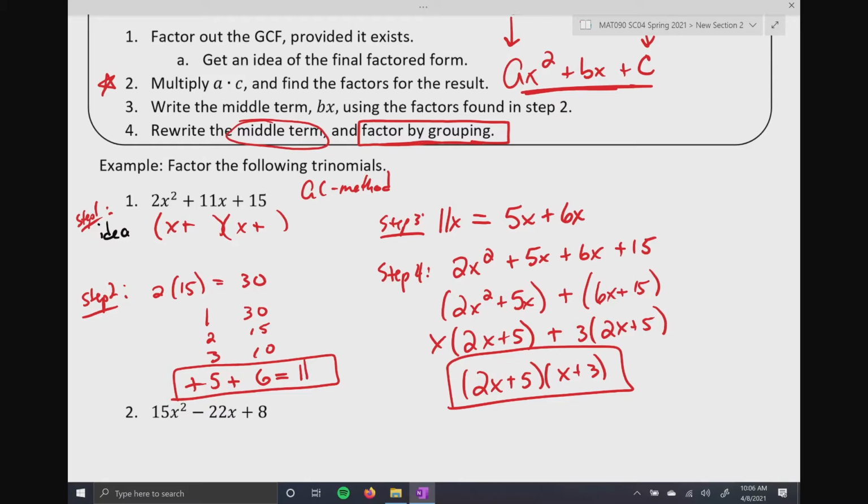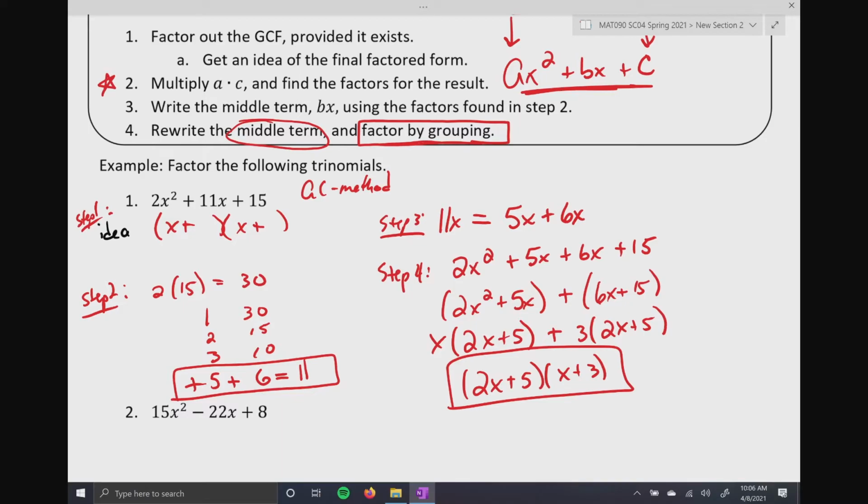All right, so step 2, I just get my idea because I want those signs, okay? Now, step 2, I'm going to take A times C. In this case, it was 2 times 15. That equaled 30, and I'm going to write out all the factors of 30. So I wrote 1 and 30, 2 and 15, 3 and 10, 5 and 6.